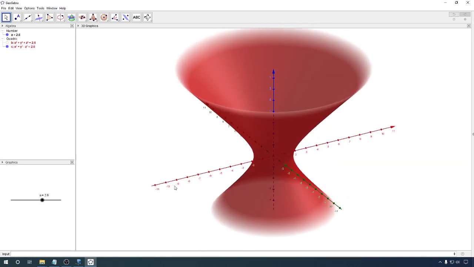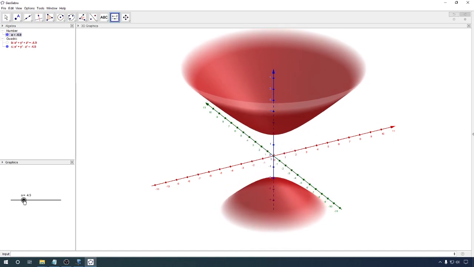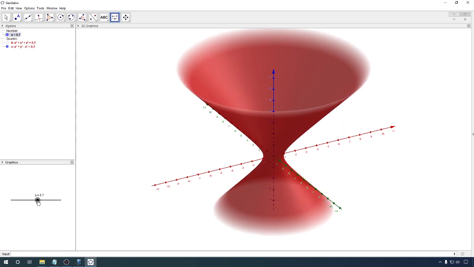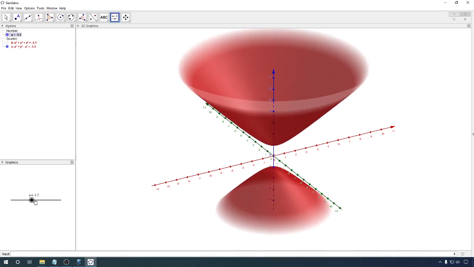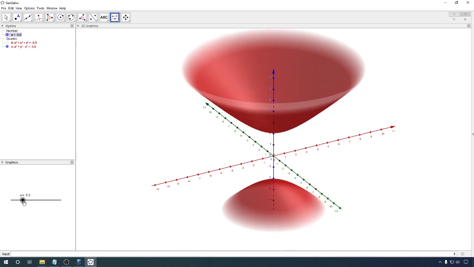Or, no, sorry. Getting them mixed up. This is a hyperboloid of one sheet right now. And if we vary our a, it actually turns into a hyperboloid of two sheets. And right as it switches, it technically is a cone, but that's a little difficult to get exactly at 0. But technically, the cone is part of that. But all the cross sections of this four-dimensional surface are these hyperboloids and the cone, and it shifts between them as we go.